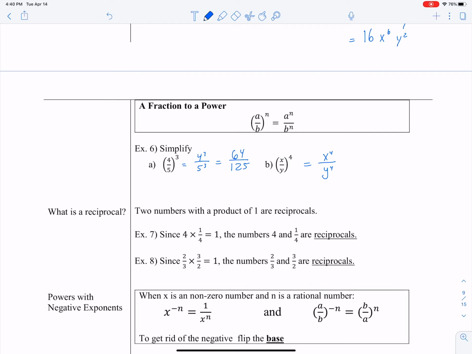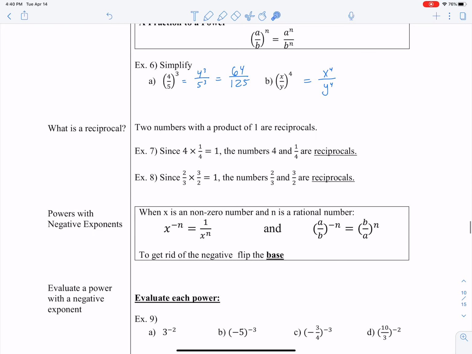So if you have, oops, I'm just going to move this up. Here, for example, we have a base of x, and then our exponent is negative n. So to get rid of that, we are going to flip our base. Now, because this base has no fraction, it's over 1.